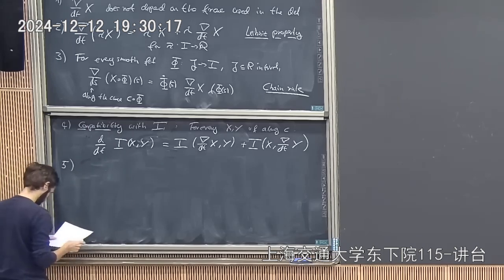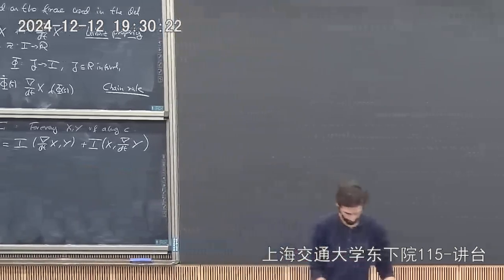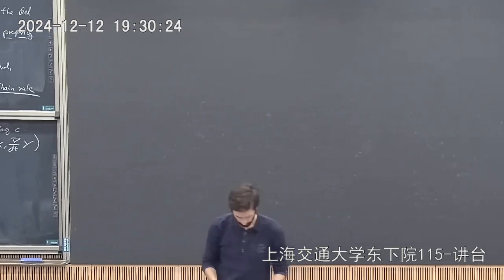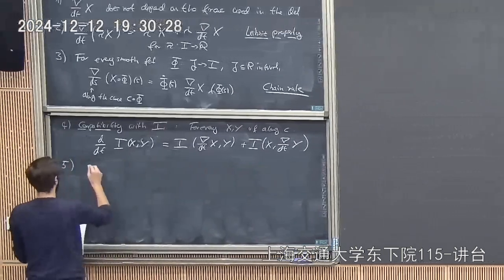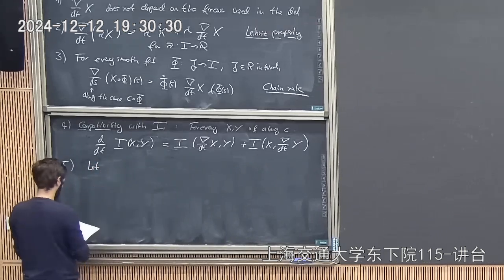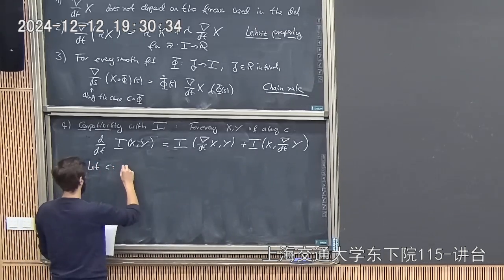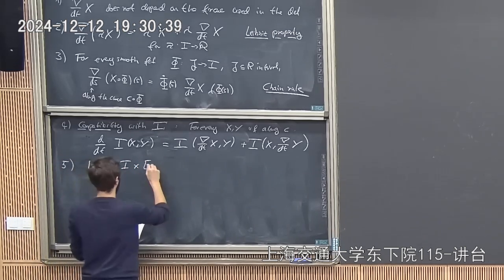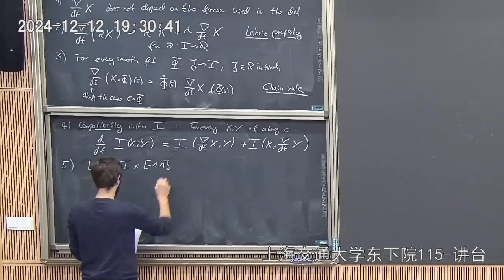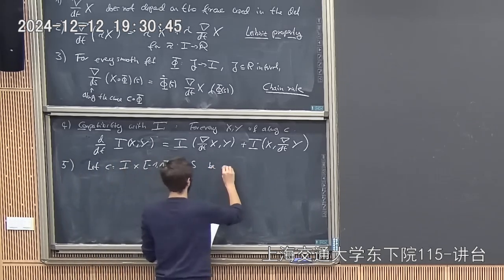And then we have a fifth property, which says that if you have a curve that depends on a parameter, say from -1 to 1, let c be a smooth map.